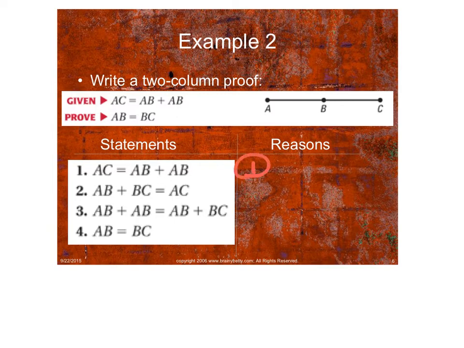Given. Okay, the next statement, what's going on there? That AB plus BC equals AC. So they're saying that AB plus BC equals the whole thing.